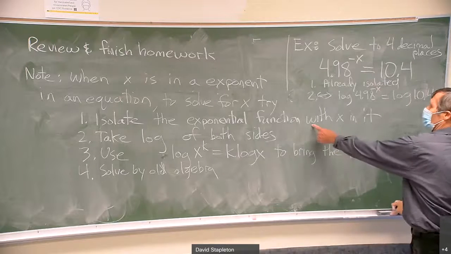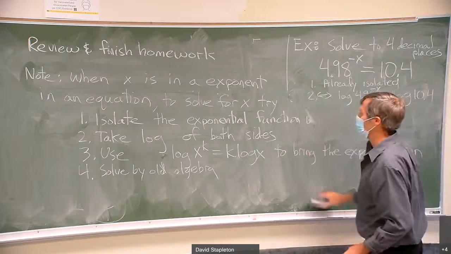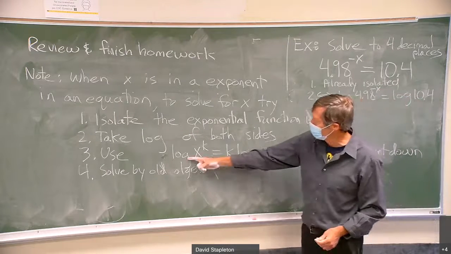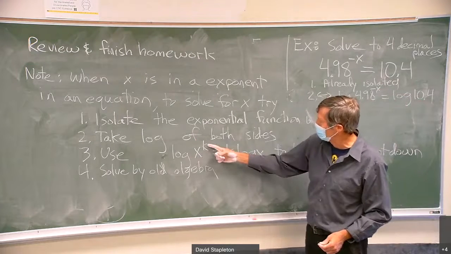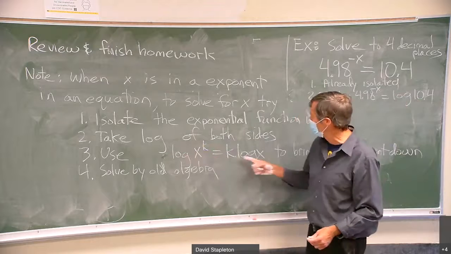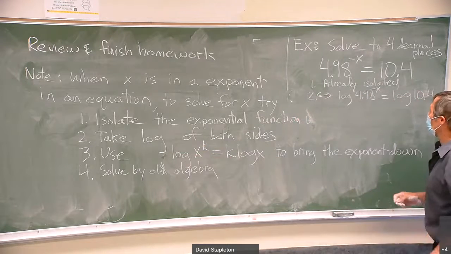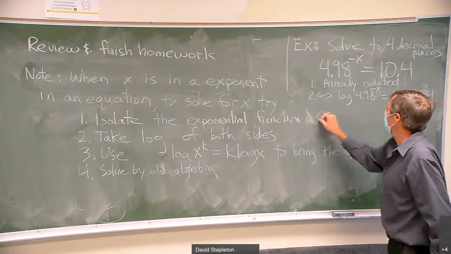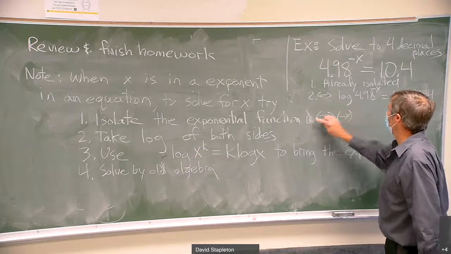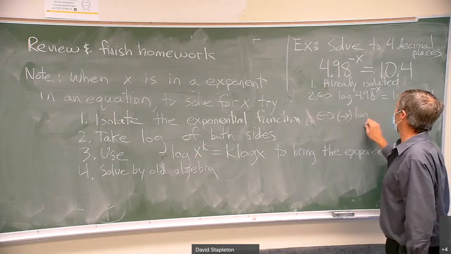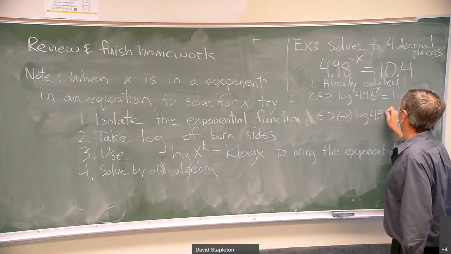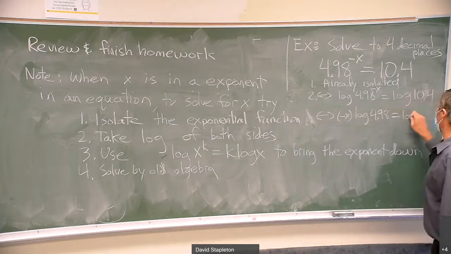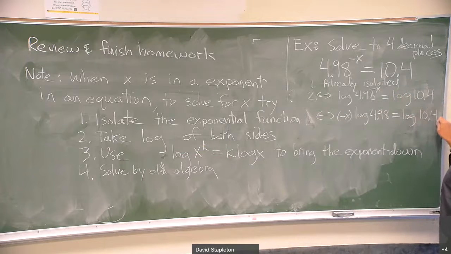So isolate the exponential, take the logarithm of both sides. Now we have the property that says log of x to the k is k log x. You can bring down the power and multiply the logarithm. So this equivalently is minus x times the logarithm of 4.98 equals the logarithm of 10.4.